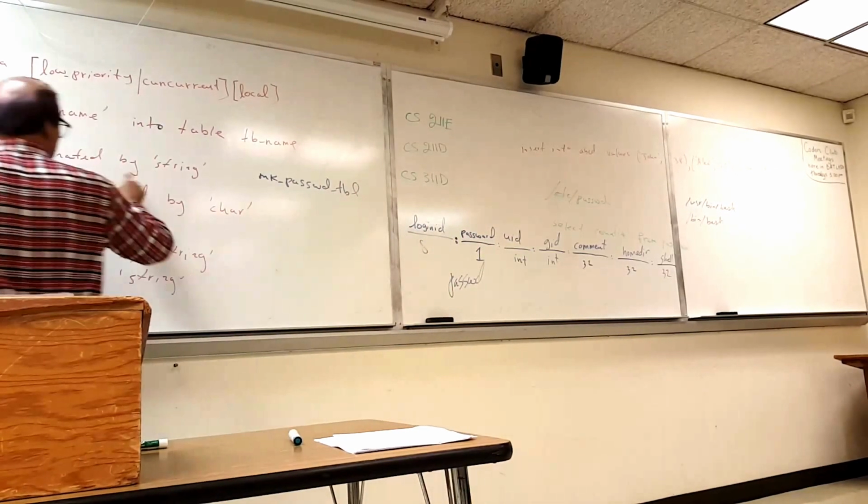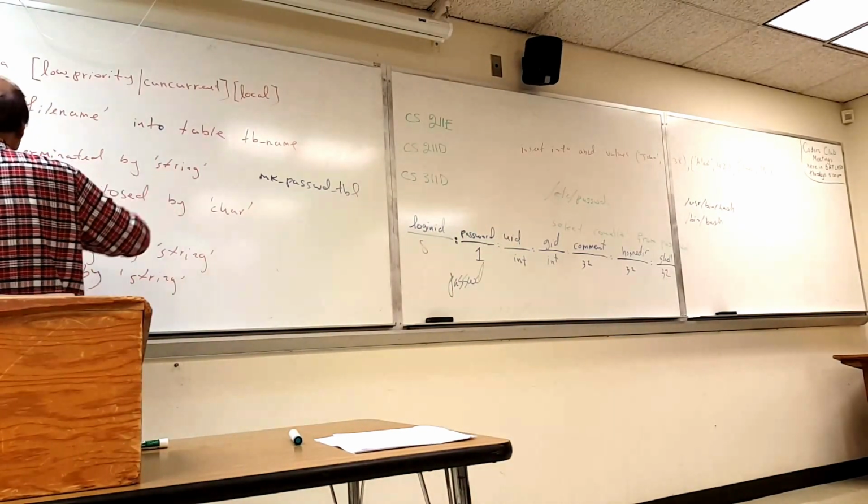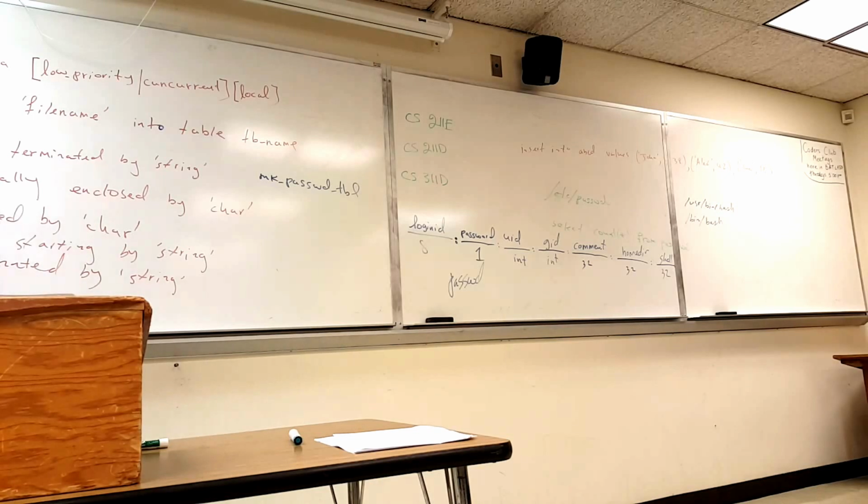Fields terminated by colon, optionally enclosed by what? There's nothing enclosed, because none of the fields are enclosed by anything. Escaped by, none of the fields are escaped by anything.